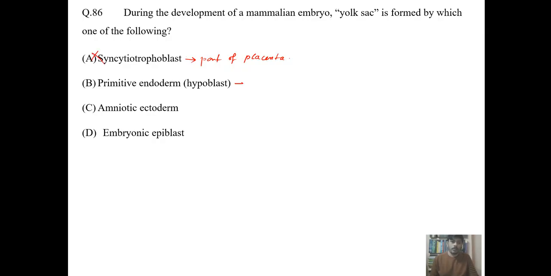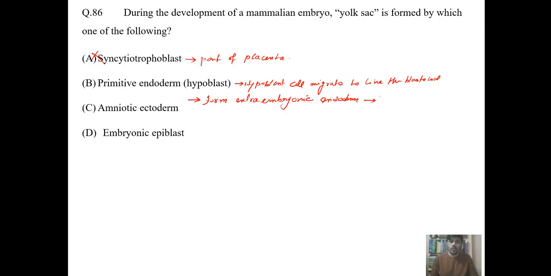Primitive endoderm: the hypoblast cells migrate to line the blastocoel, forming the extraembryonic endoderm, which gives rise to the yolk sac.